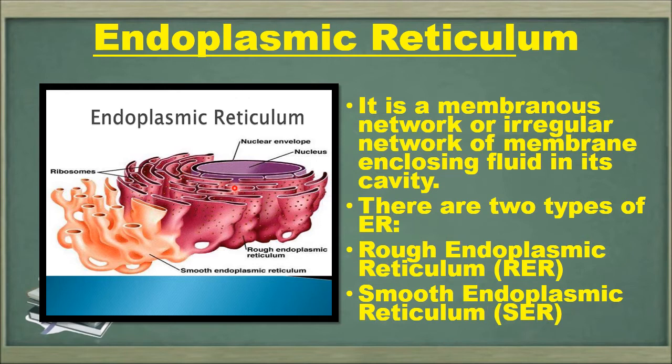You can have a look that there is a difference between them. Basically, the main difference is that in rough endoplasmic reticulum, ribosomes are attached, whereas in smooth endoplasmic reticulum, ribosomes are not attached. So attachment of ribosomes makes it rough, and that's when the name rough endoplasmic reticulum is given.